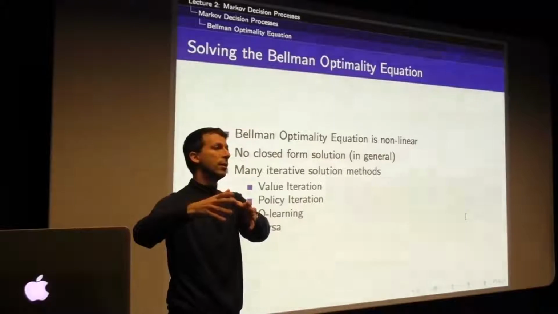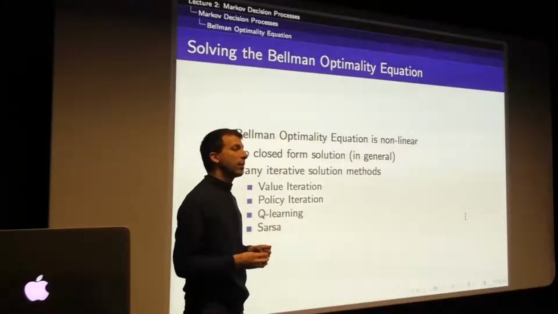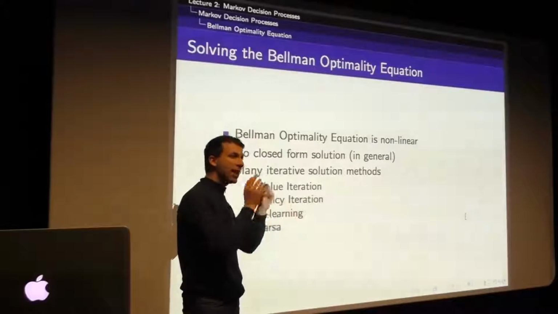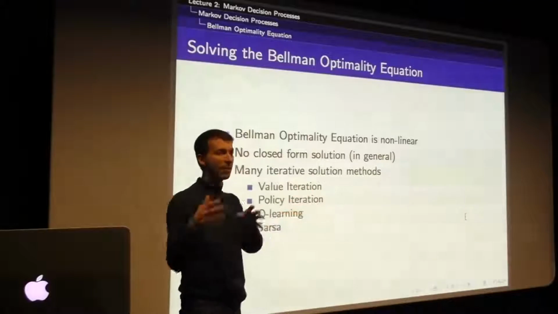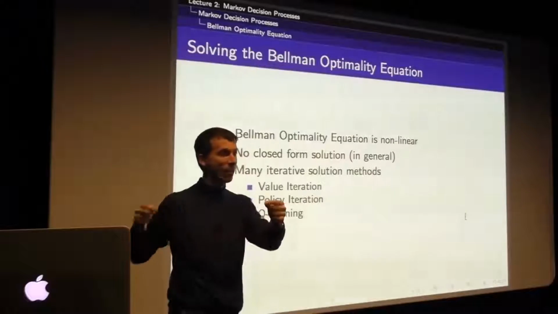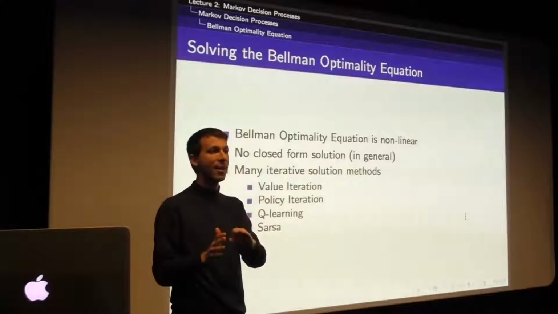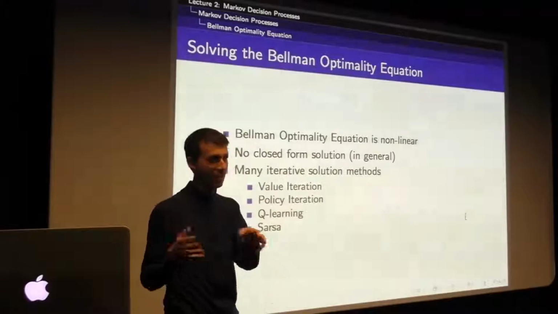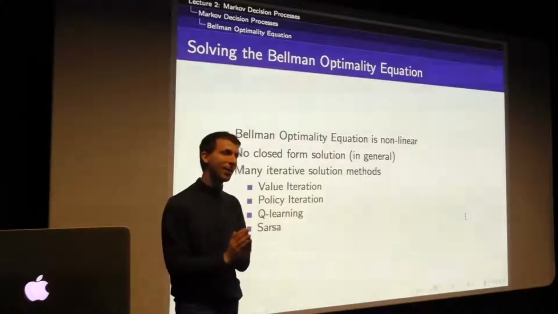So that can be implicit in this model you've shown us today. However, that transformation can be quite complex. You might need to remember all the things that you've seen so far, and it can be a more complicated MDP that you end up having to solve. So that's the first answer.